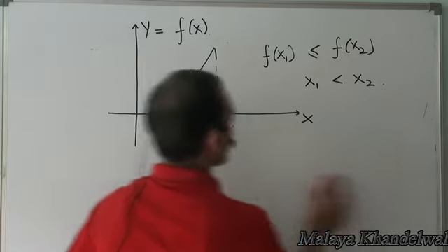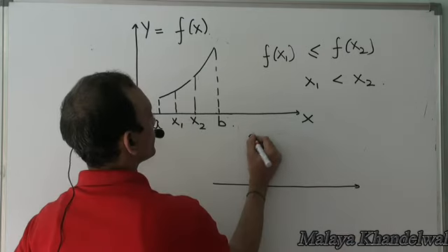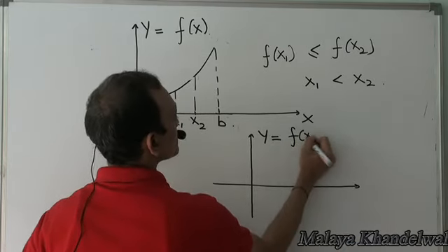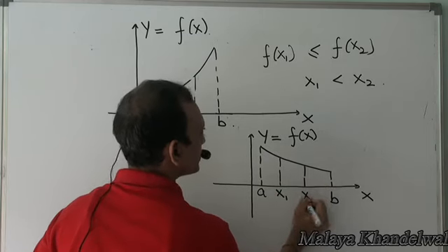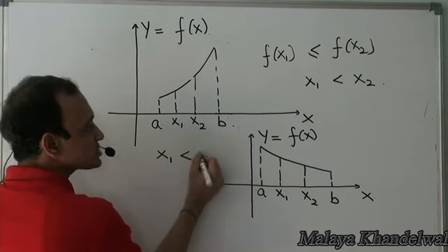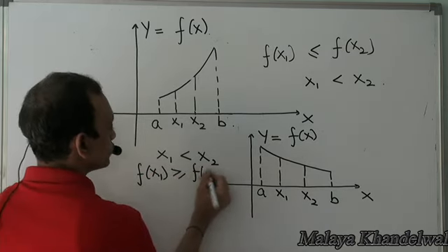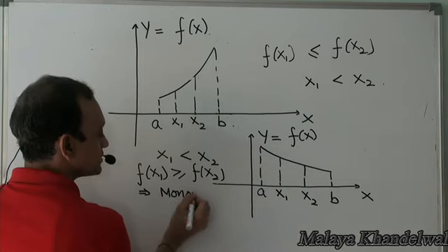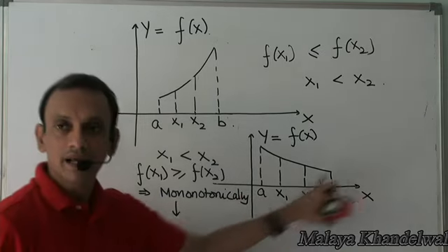Similarly, if I had something like this, y equal to f(x) versus x in the interval a to b, and if say x1 less than x2 for any pair x1 and x2 selected in the interval a to b, if for every x1 less than x2 in this interval, I find that f(x1) is greater than or equal to f(x2), then we say that the function is monotonically decreasing in the interval a to b.